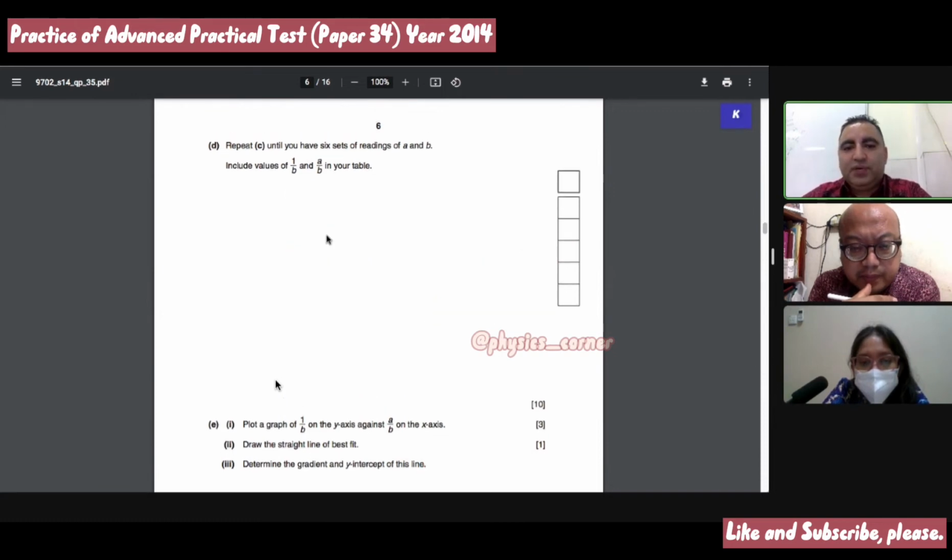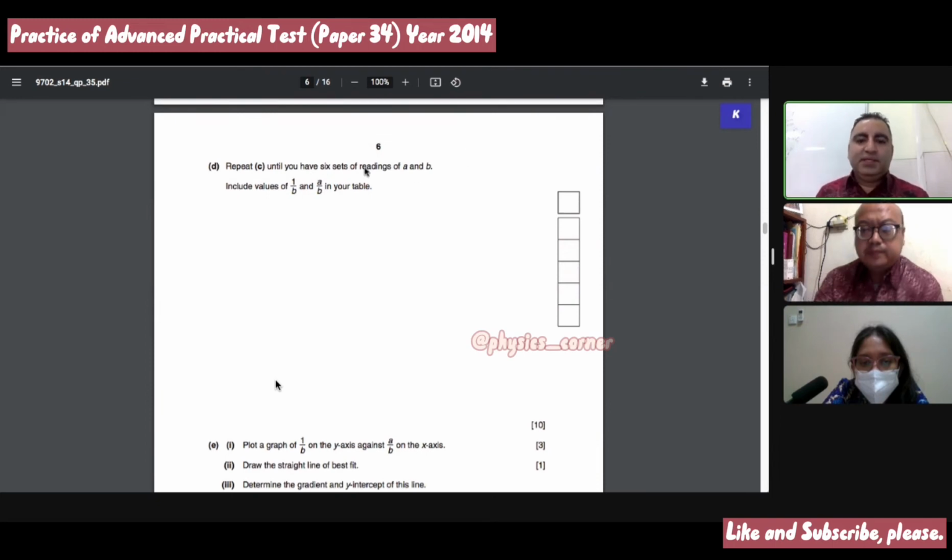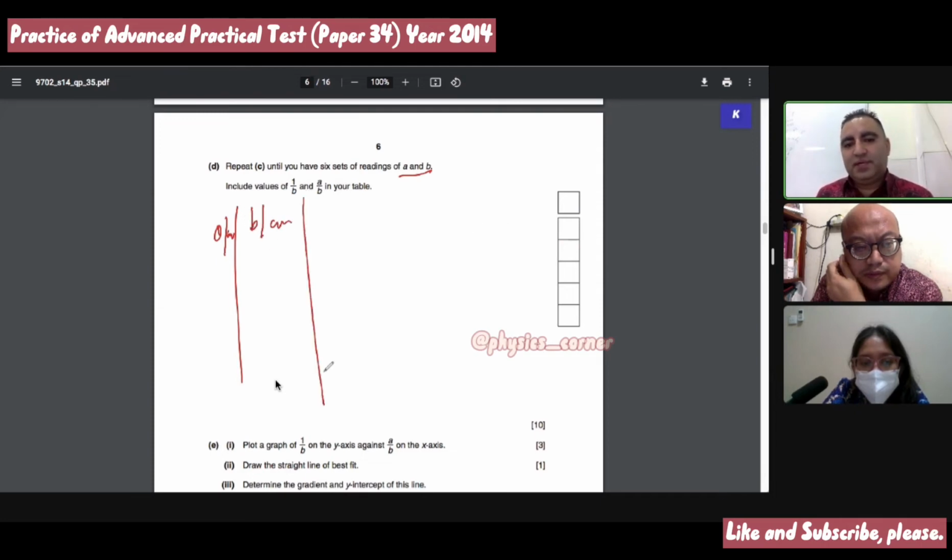So basically, what you need to do here is, they say you are collecting A and B. So you have a column for A, and the students must write centimeter or millimeter, whatever it is. 1 mark is for this. B, cm, then 1 by A, cm minus 1, and 1 by B, cm minus 2.